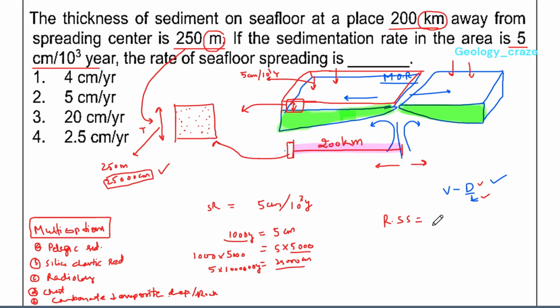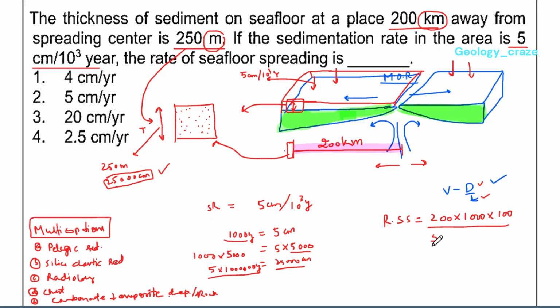Distance is 200 kilometers, so we multiply it first by 1000 to make meters, and now we convert to centimeters because our answer is in centimeters, divided by this, because we are calculating the rate of sea floor spreading.